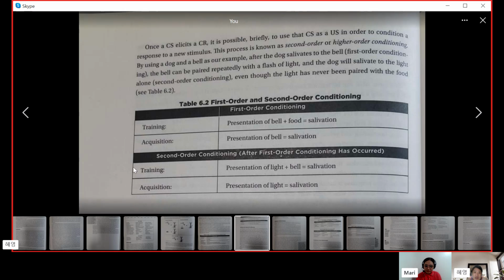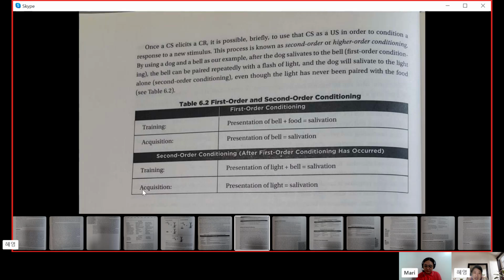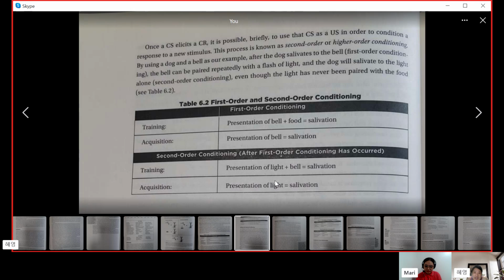But second order conditioning, after first order conditioning has occurred, and then training like that, presentation of light plus bell, then salivation, and acquisition, light, salivation, like this.